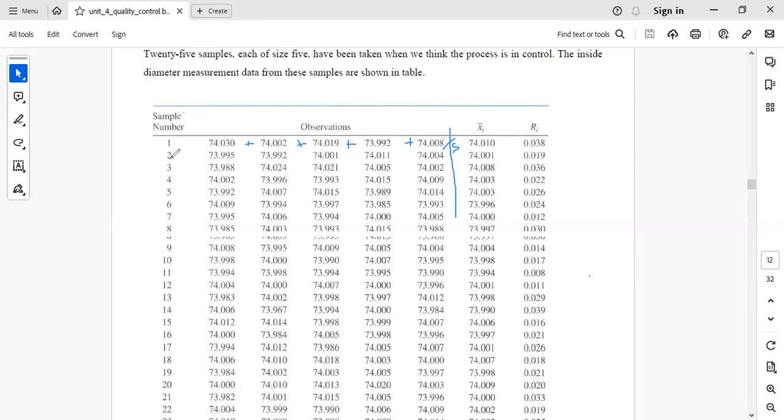Then you do the same for the second sample. All these values, again, you add them up, then divide by the number they are, that is 5. Again, you get its mean. So you do that for the rest of the samples. Now, this is just an example.